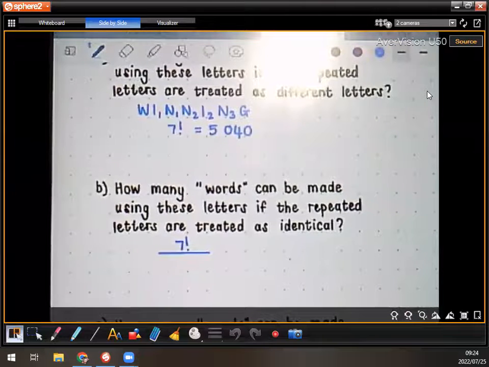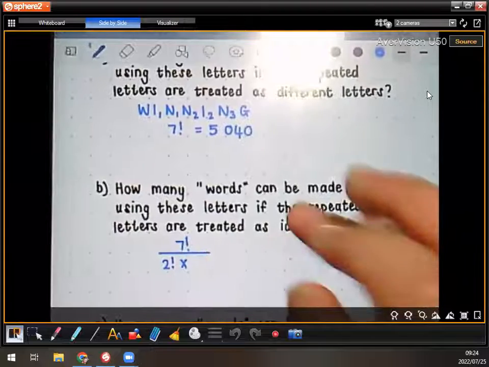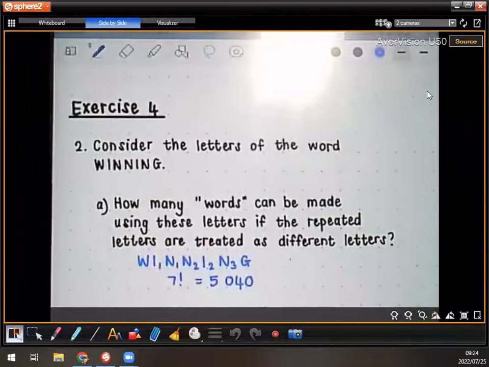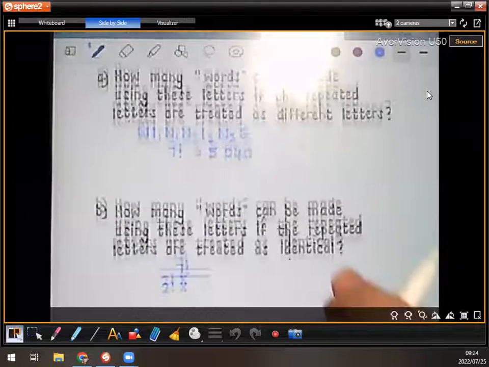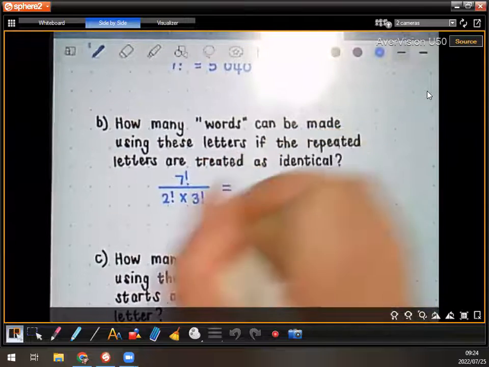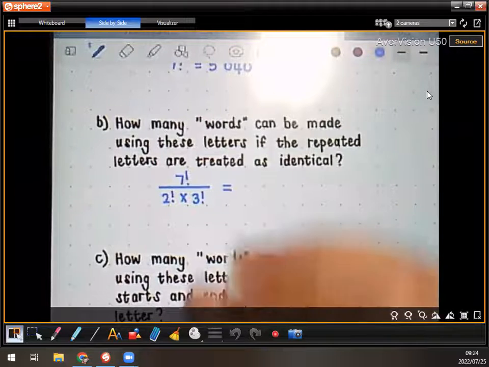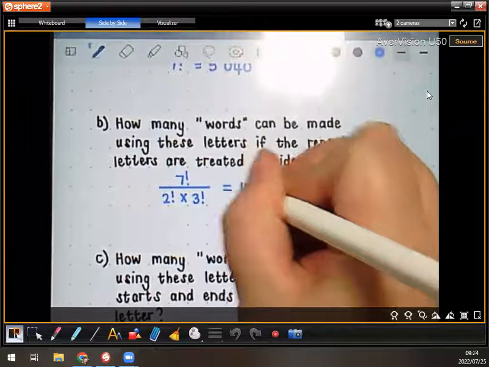There are 2 I's, right? So we need to divide by 2 factorial for the I's. And how many N's do I have? 3. So I'm going to have to divide by 3 factorial as well. Okay, what's that answer? 420.